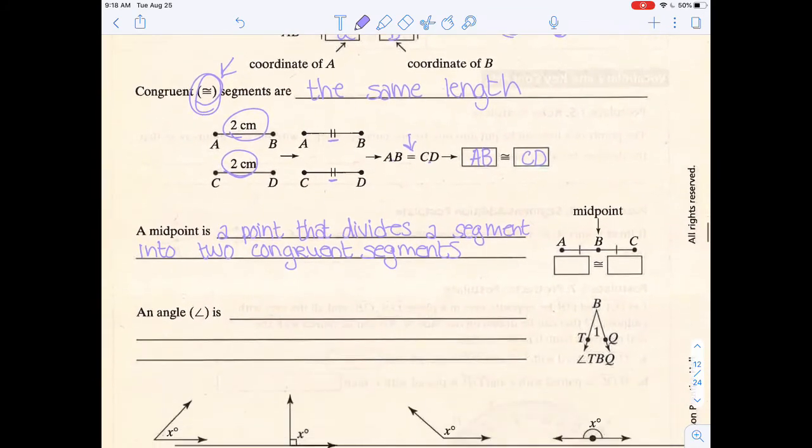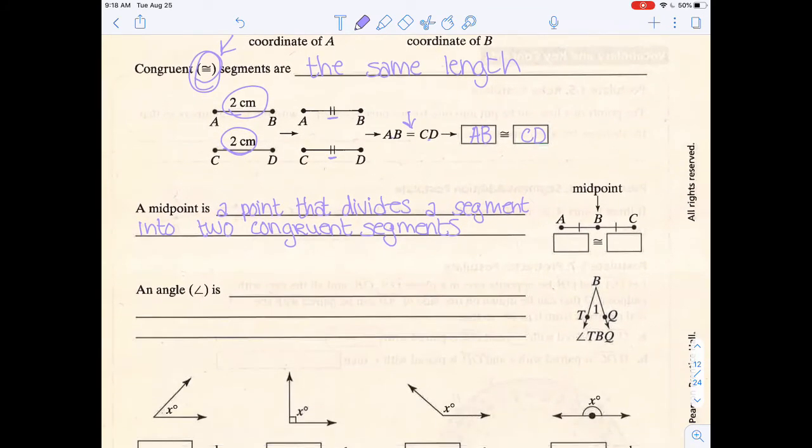So, if we look at our little picture here, we've got the tick mark here on AB and right here on BC. That means that those are the same. That means B is the midpoint. So we know that both segments are congruent. We split the line exactly in half.